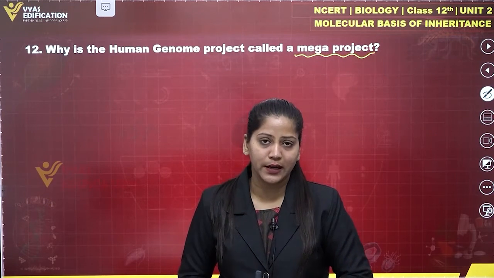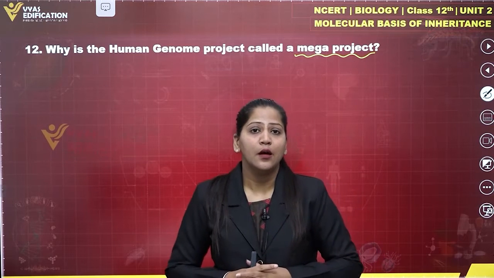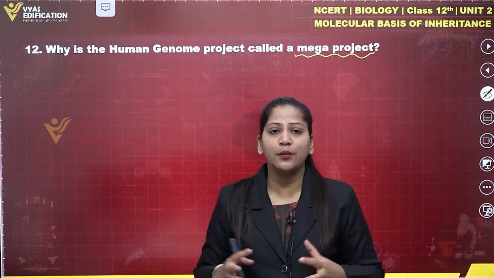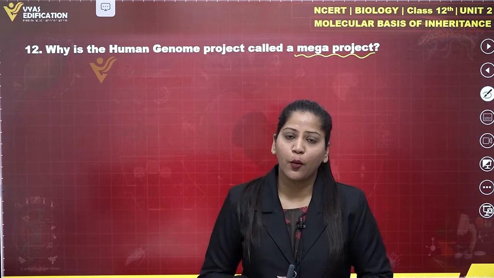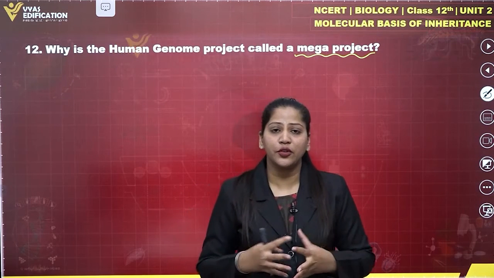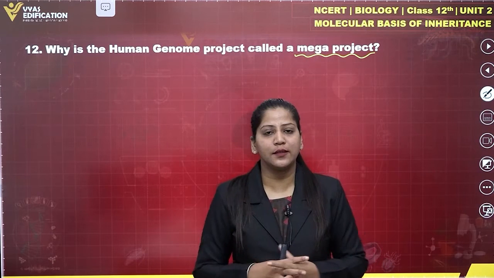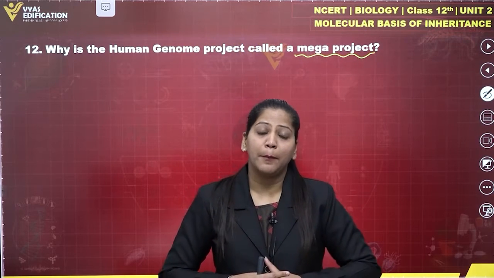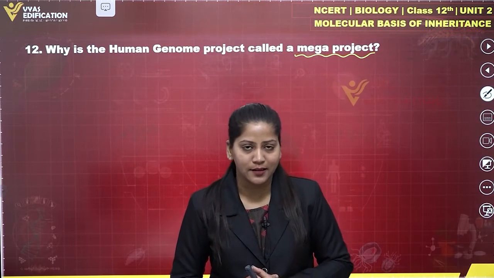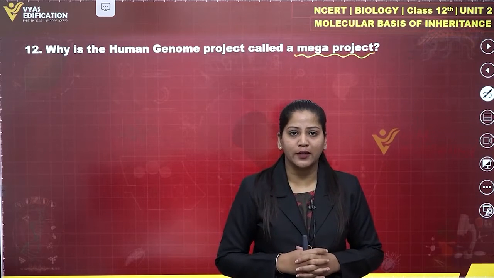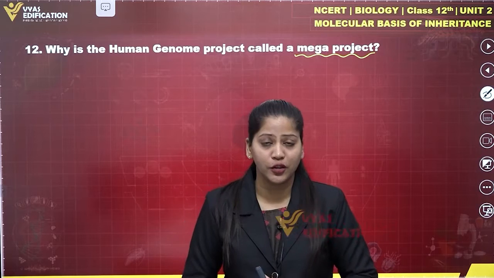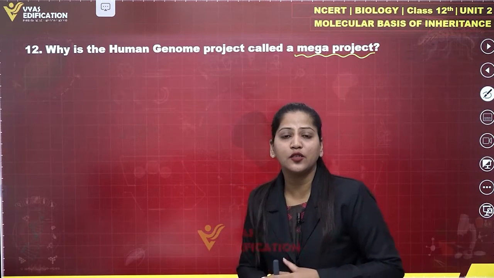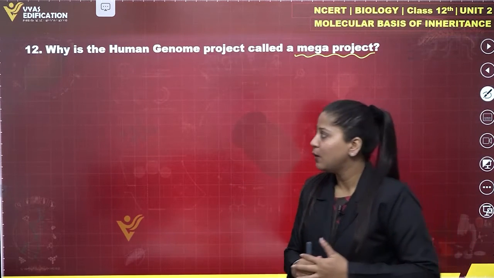It was a large-scale project which provided new opportunities in genetics, biotechnology and medical sciences. It also provided some clues for understanding the human genome. That is why we call it a mega project.